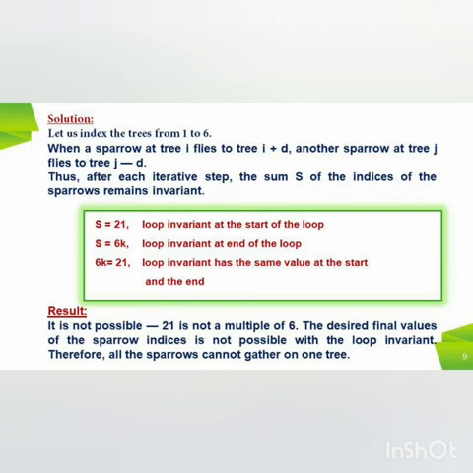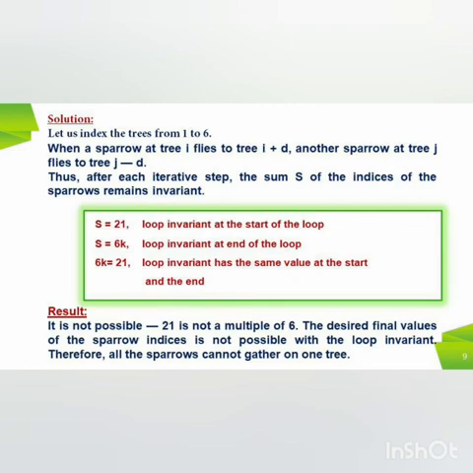When a sparrow at tree I flies to tree I plus D, a sparrow flying from one tree to another can be named I plus D. Then, another sparrow at tree J flies to tree J minus D. Simultaneously, the other sparrow flies from one tree to another but in the opposite direction, which can be called J minus D. Then the sum S of the indices of the sparrows should be invariant. S is nothing but the sum of indices.